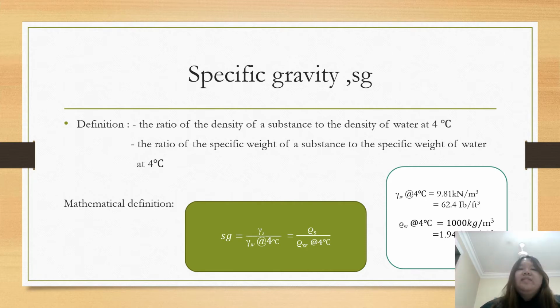Specific gravity can also be said as the ratio of the specific weight of a substance to the specific weight of water at 4 degrees Celsius, where the specific weight of water at 4 degrees Celsius is 9.81 kilonewton over meter cubed. This is the formula, and we will go on to the next.